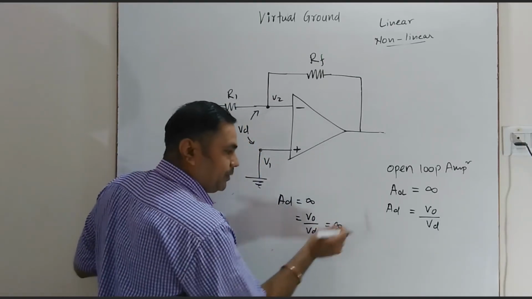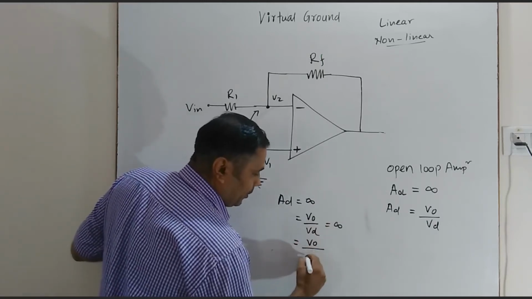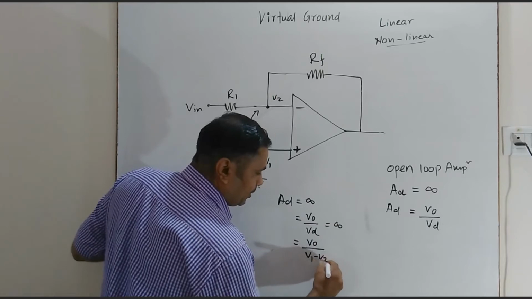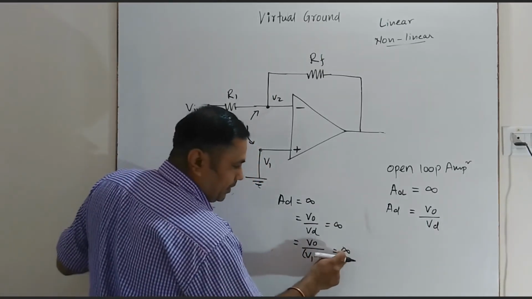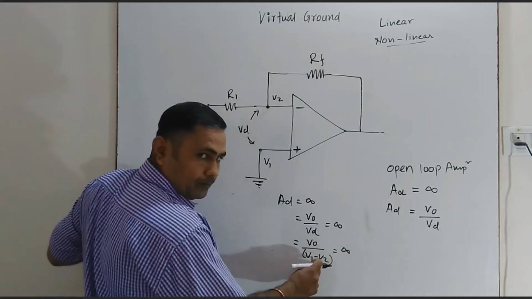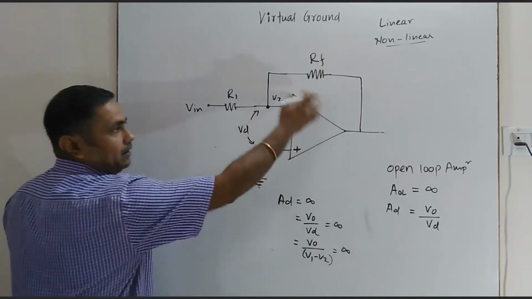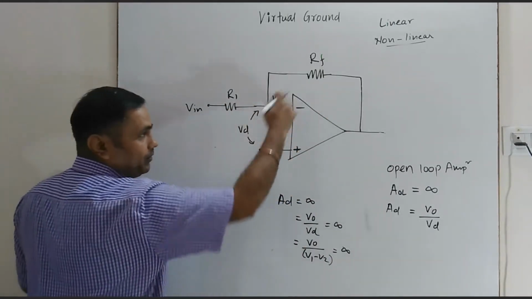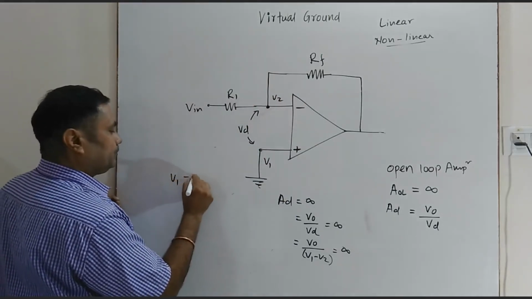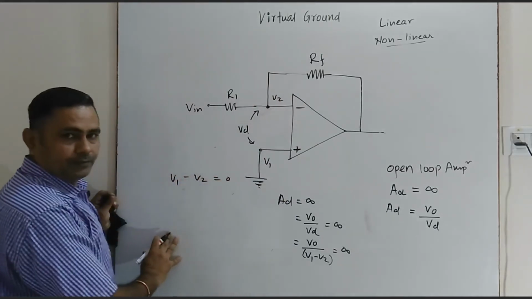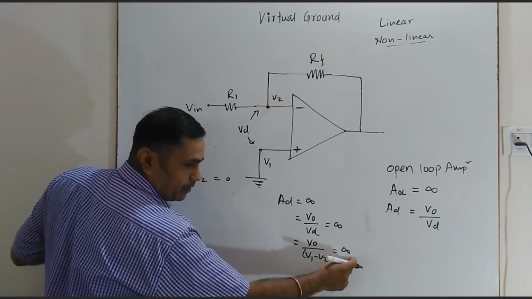This ratio can be infinity if and only if VO upon V1 minus V2 equals infinity. If this is infinity, then this factor must be 0. For achieving the infinite gain of the differential mode open loop amplifier, this factor must be equal to 0, right? If the denominator is 0, then only infinity will be there.